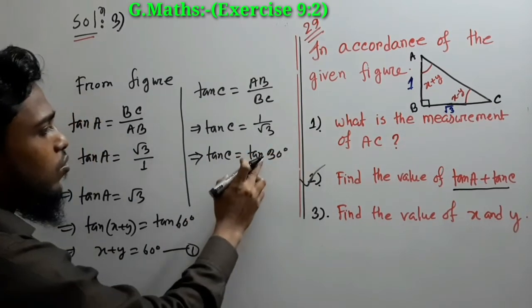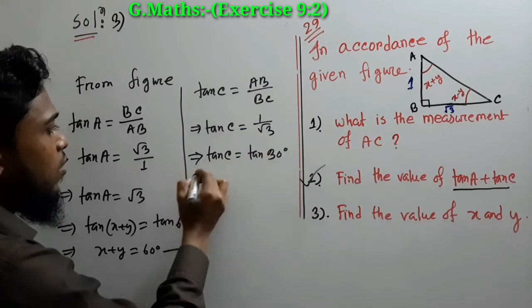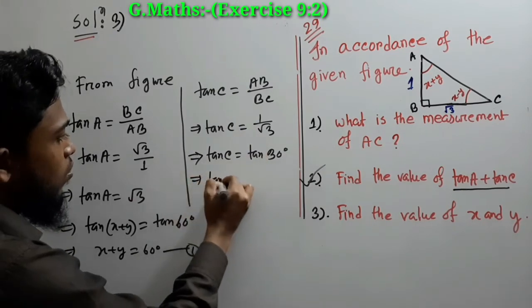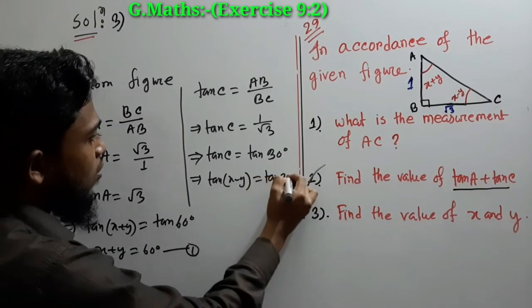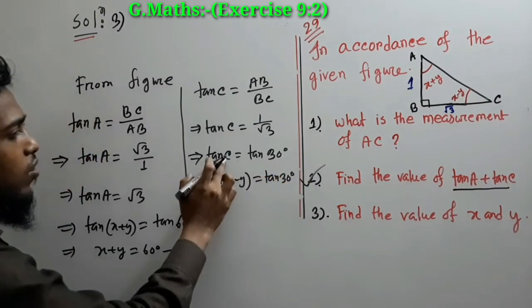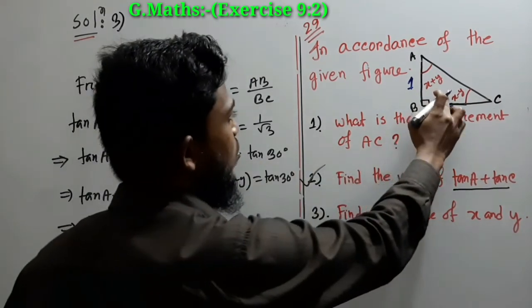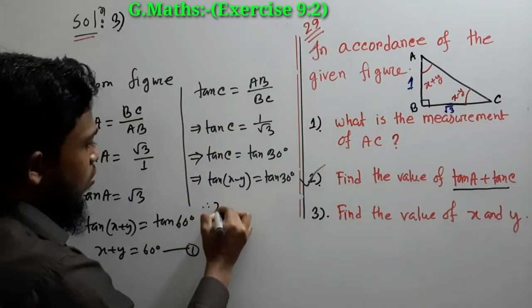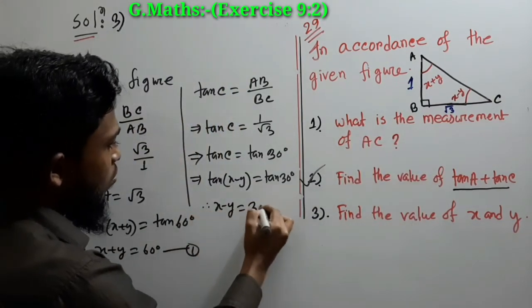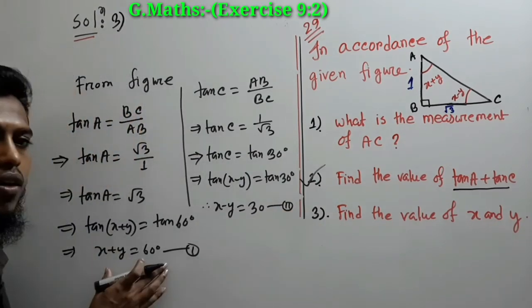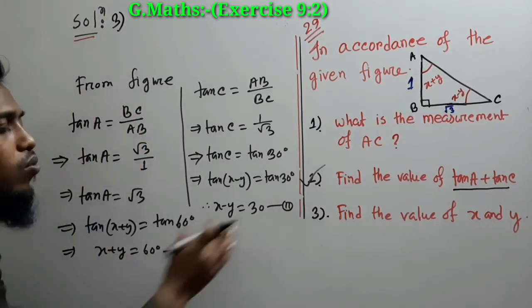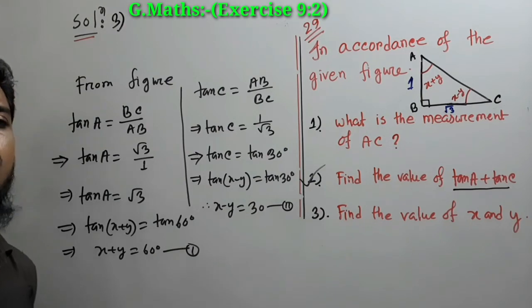The value of tan 30 degree equal to 1 by root 3. So tan x minus y equal to tan 30 degree, because C angle equal to x minus y. So x minus y equal to 30 degree. This is the equation 2. We adding equation 1 and 2, we will get the value of x.